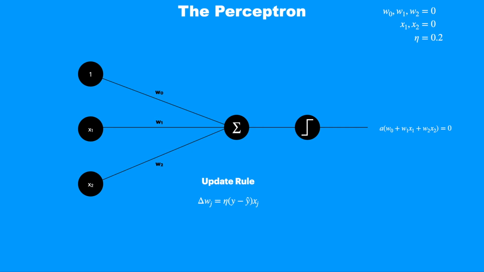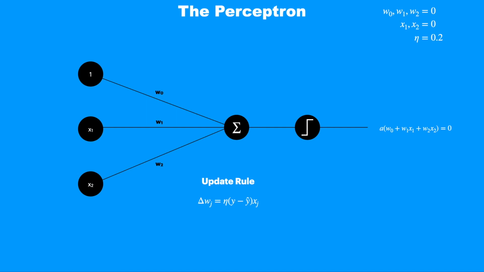W0 times 1 is W0, plus W1 times X1, plus W2 times X2, right? And that entire expression is the output of the sigma node. And then we just pass it through the activation function, which is that unit step function looking node, in order to get our output. So here, we say that the neuron fires whenever the signal is greater than 0.5, and that it does not fire otherwise.